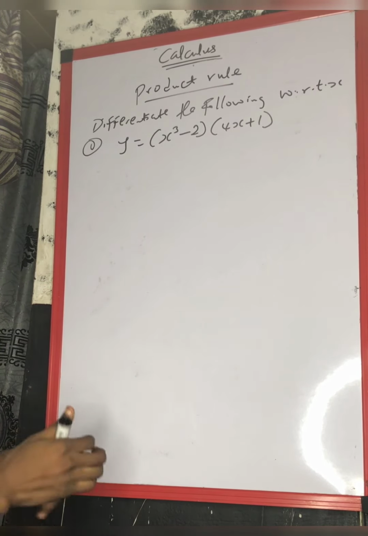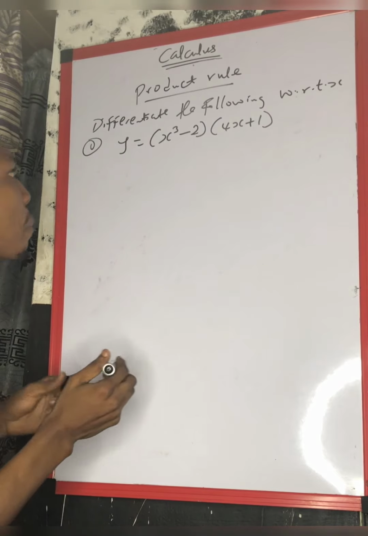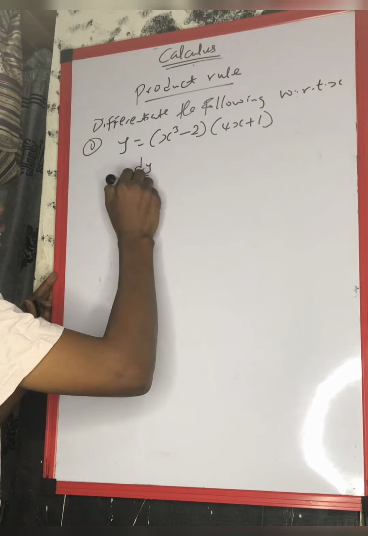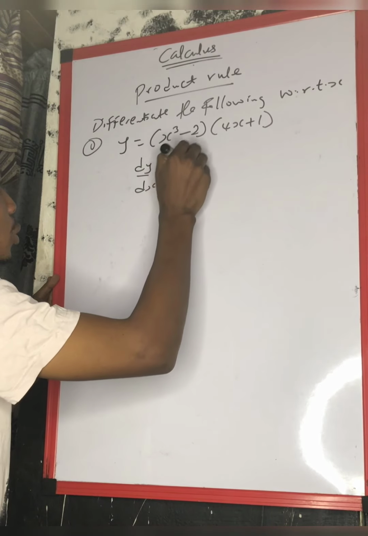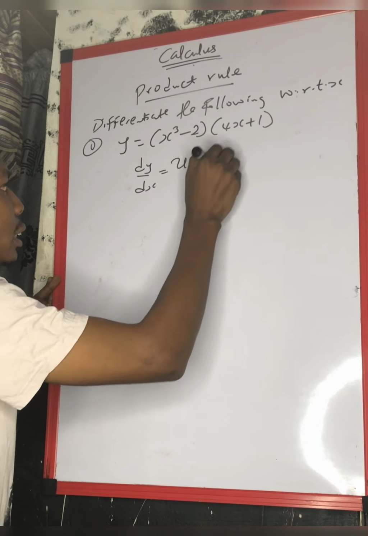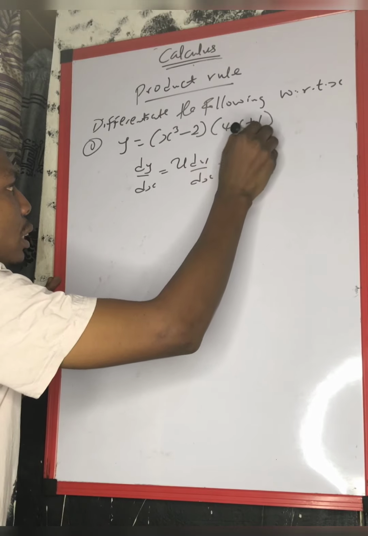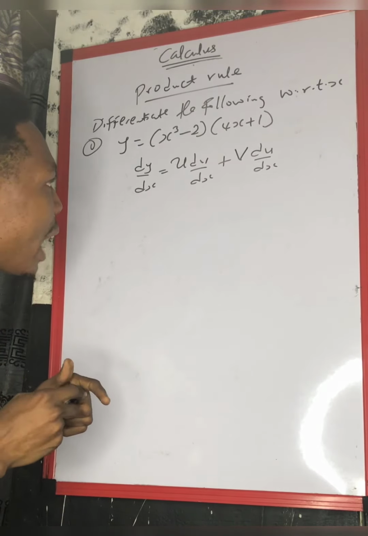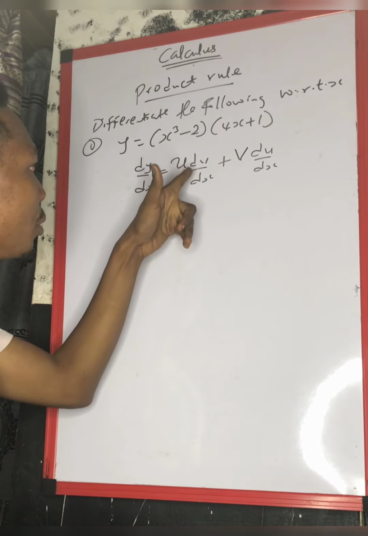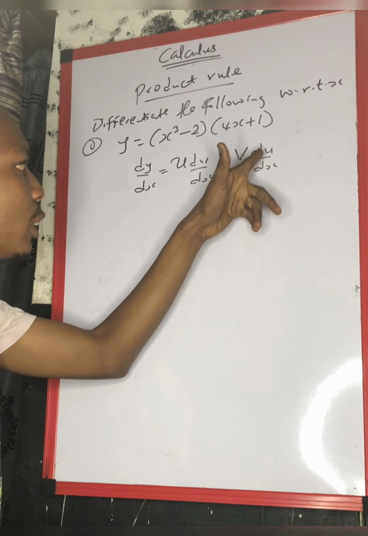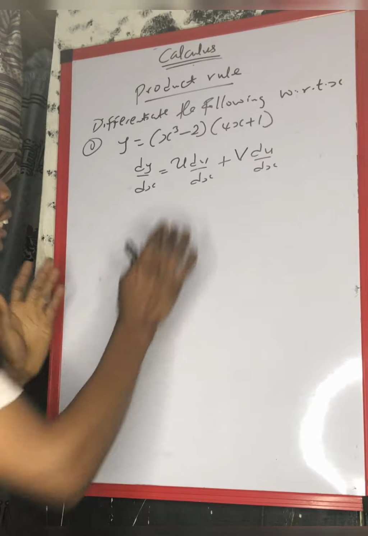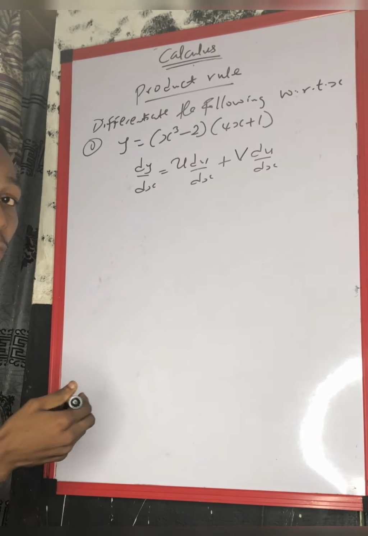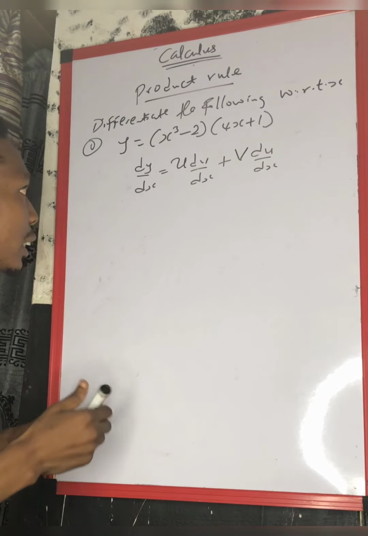Now, how do we go about that? The first thing you do, don't forget the formula: dy/dx equals u dv/dx plus v du/dx. The parameters we have here are u, dv/dx, v, and du/dx. First thing you do, you assign a variable to these two brackets. Between u and v, u comes first alphabetically.